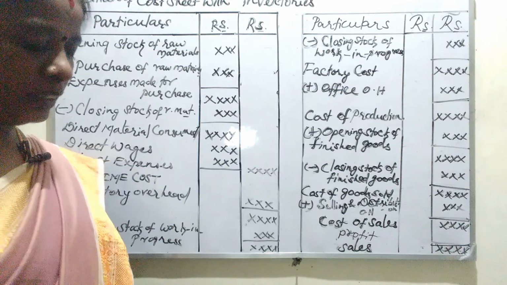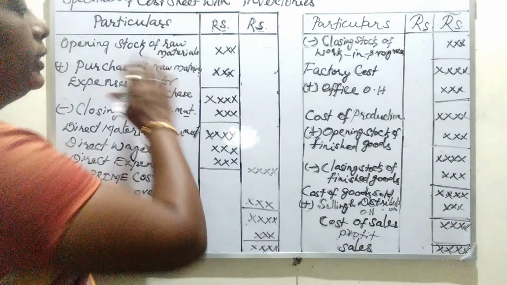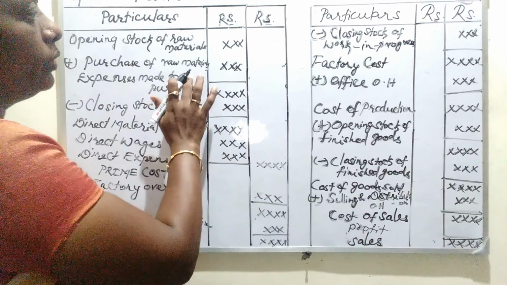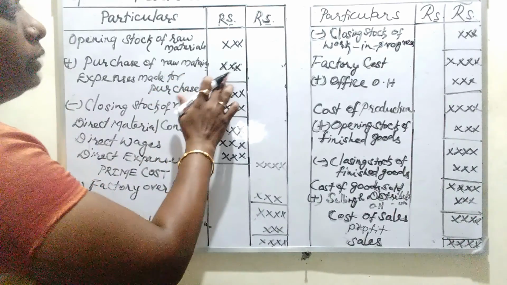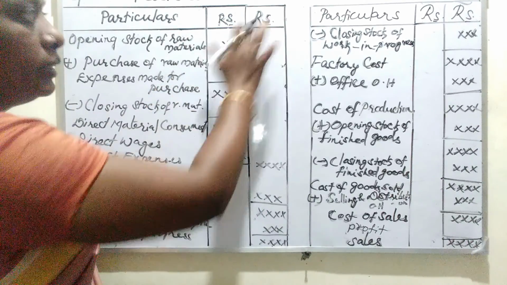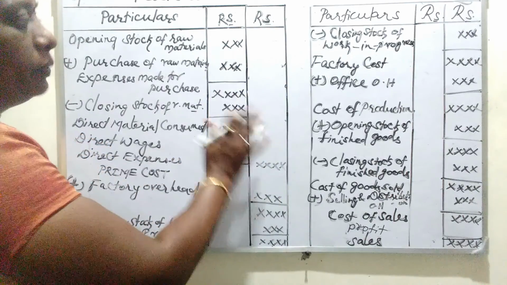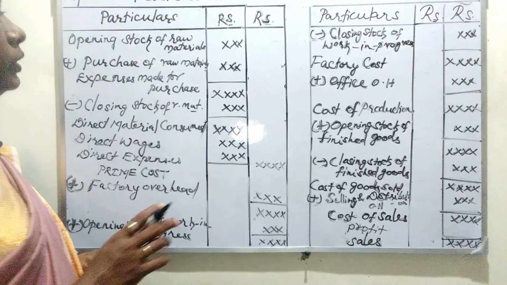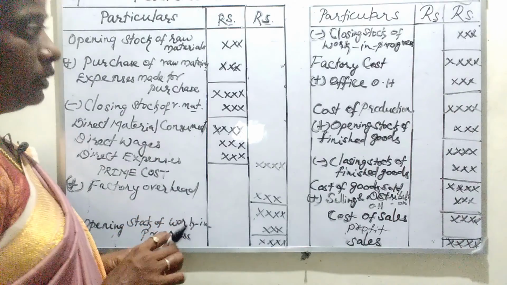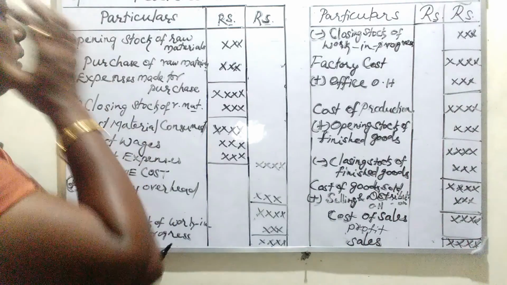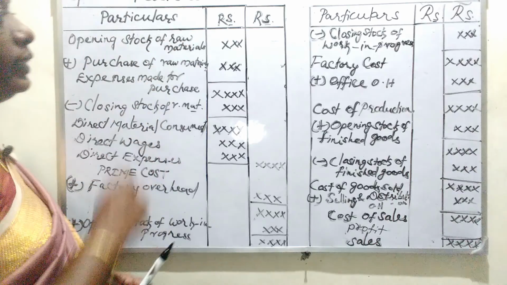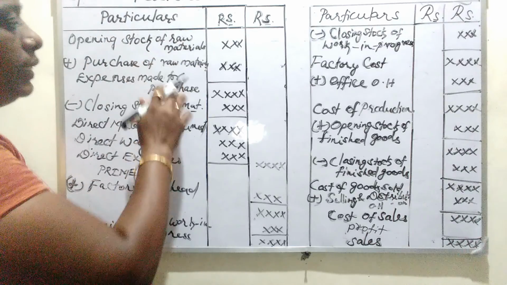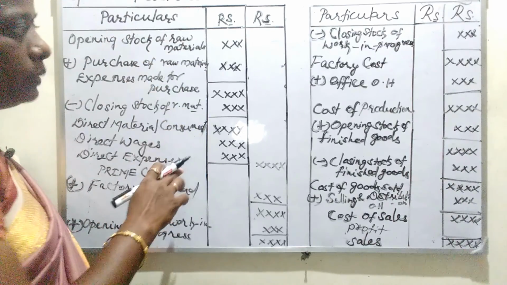As we saw in my previous video, the specimen is classified into 3 columns. The first one is the particulars column, the second one is a rupees column, and the third one is also a rupees column. This is the inner amount column, this is the outer amount column. In the previous class, we used direct raw material, direct wages, and direct expenses.